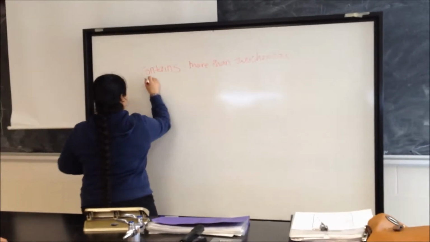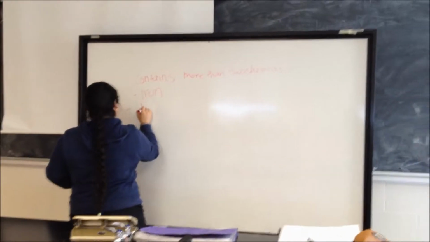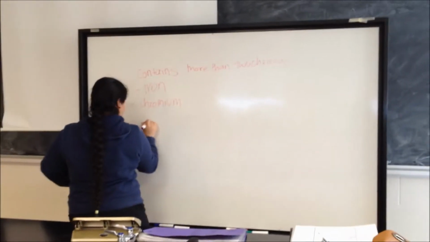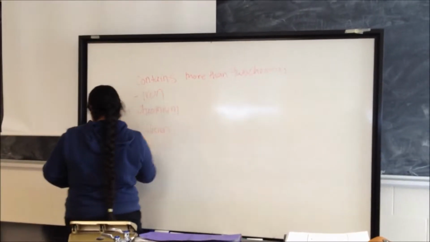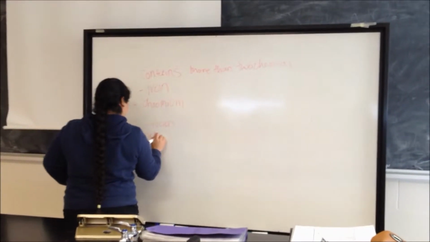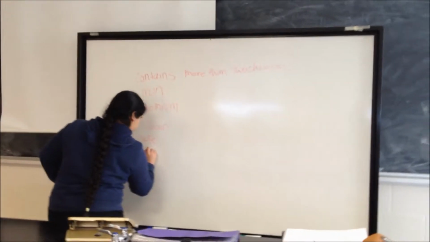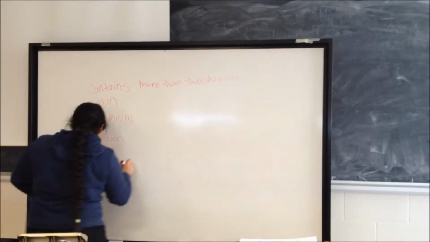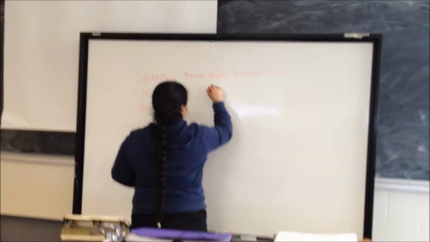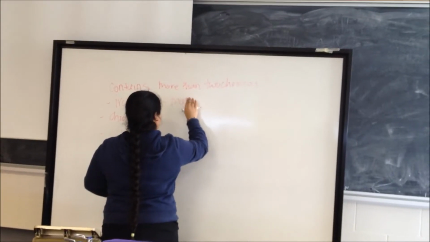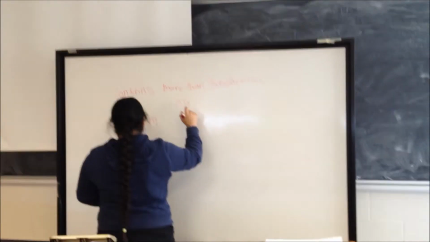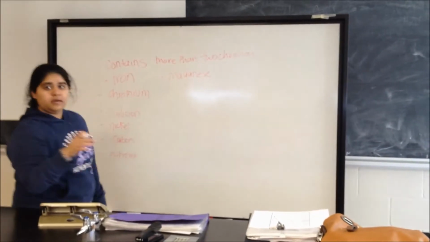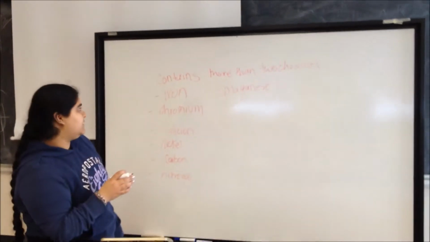The first one is iron, chromium, silicon, nickel, carbon, nitrogen, and manganese. Oh, so sorry. So these are the chemicals that are contained in stainless steel.